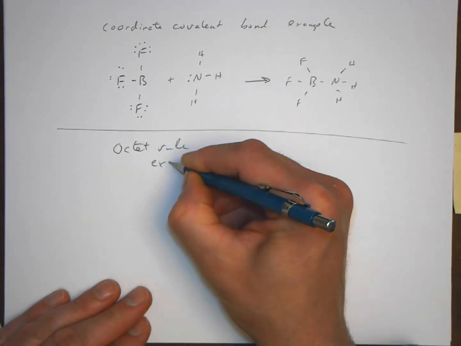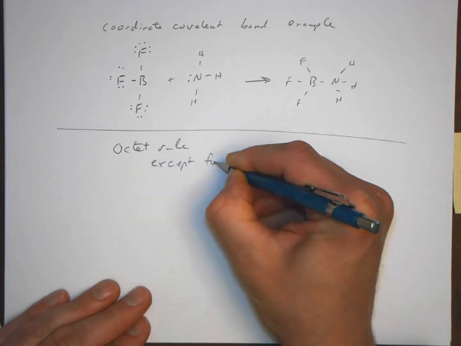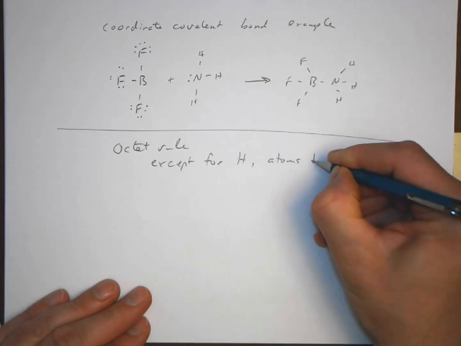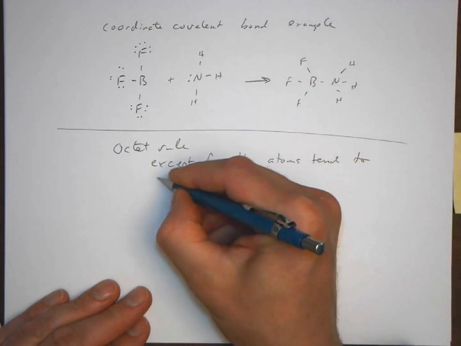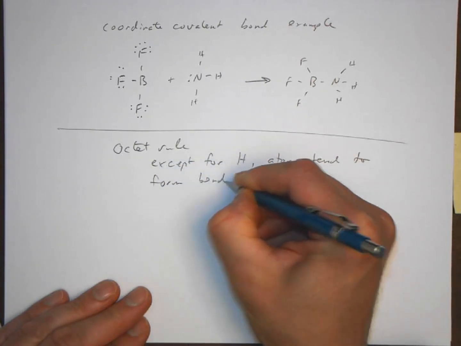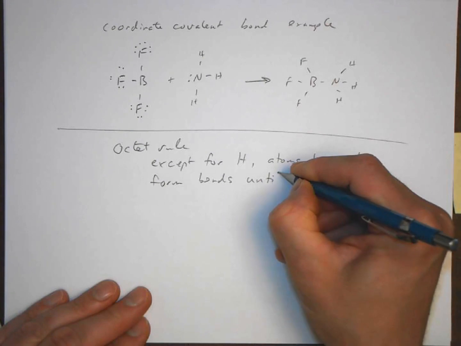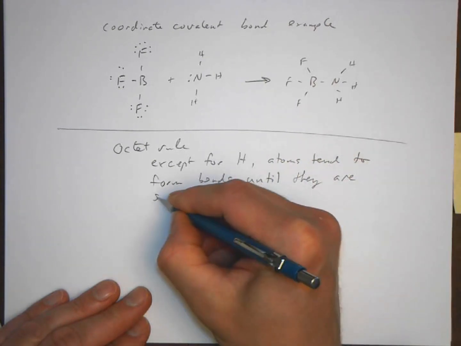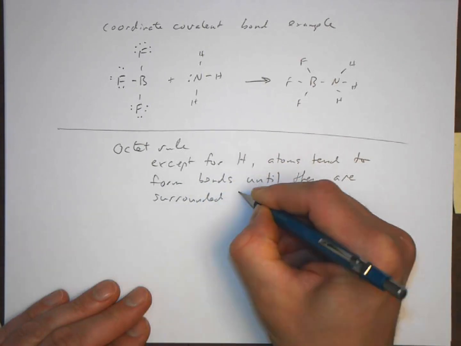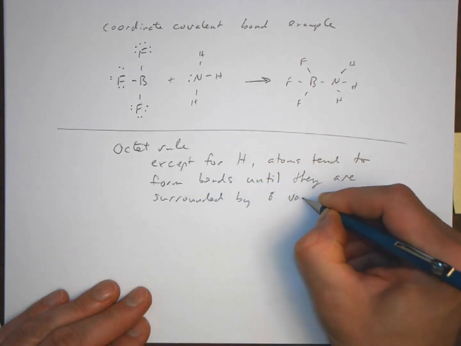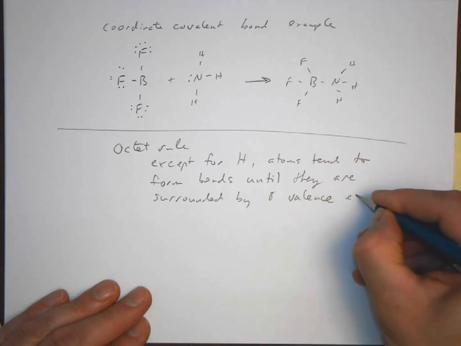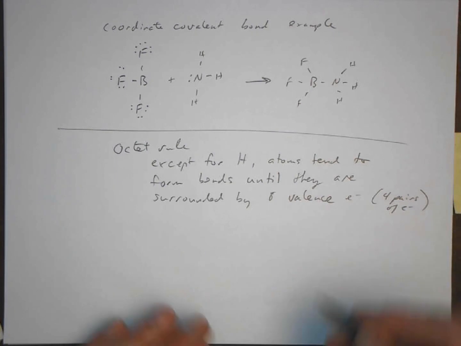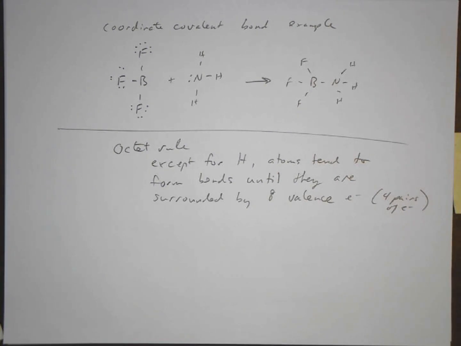Except for hydrogen, atoms tend to form bonds until they are surrounded by 8 valence electrons, or 4 pairs of electrons. 8 valence electrons or 4 pairs of electrons.